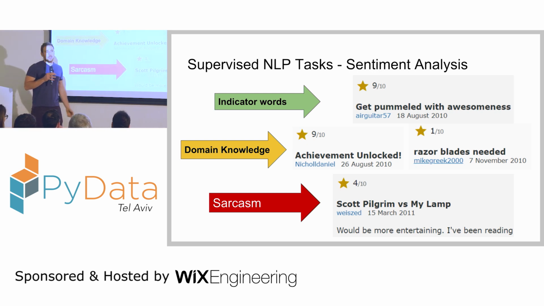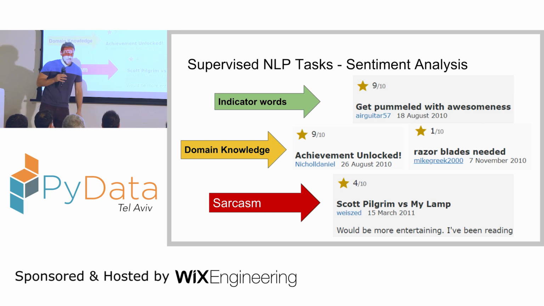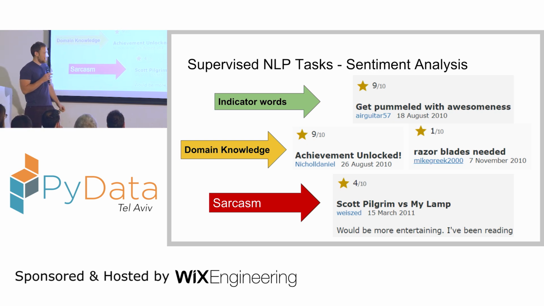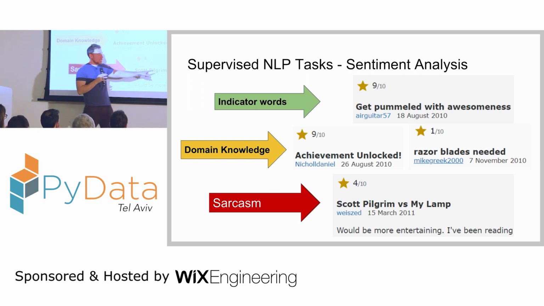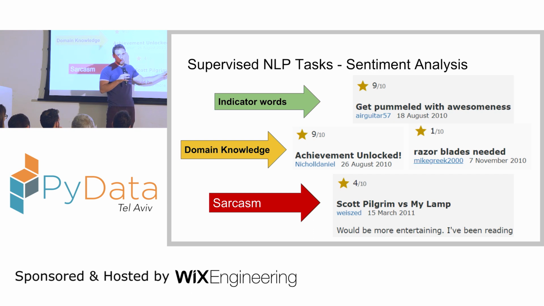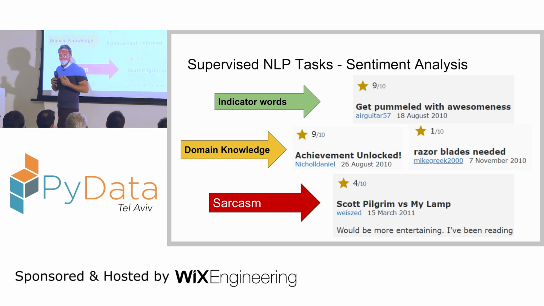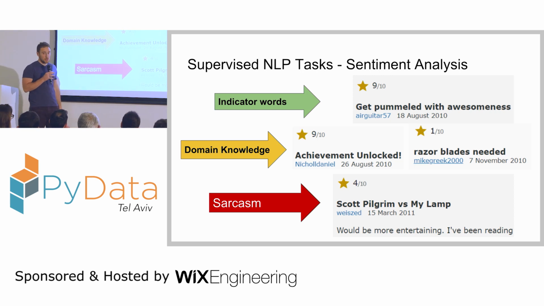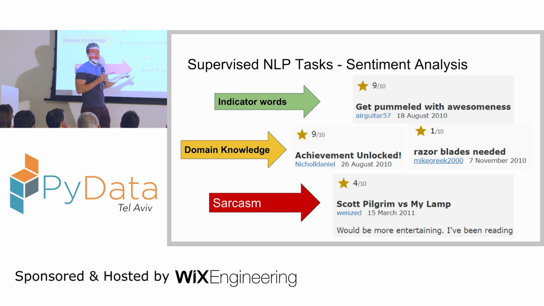Sarcastic reviews are pretty fun to read, but they're pretty hard to analyze even for a human reader. "Scott Pilgrim versus My Lamp." We all know that this is a negative review, but for a model to learn that, maybe tomorrow I'll have a movie about lamps that would have pretty positive associations for this word. So sarcasm is actually the main issue in sentiment analysis.